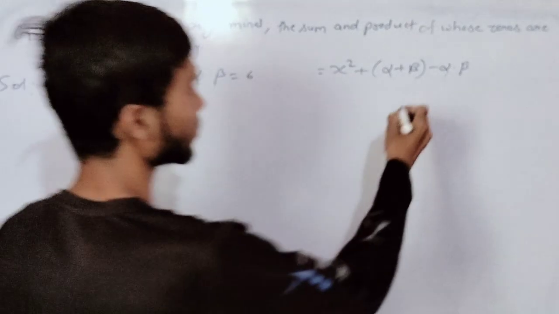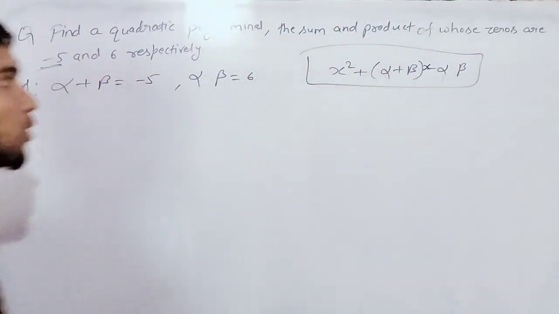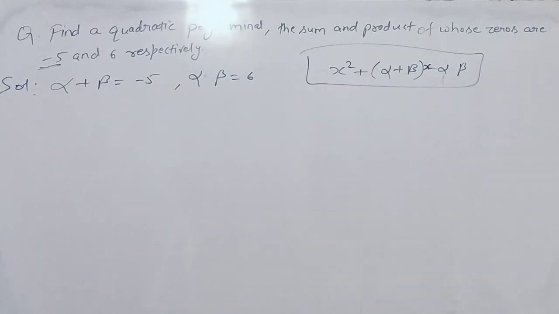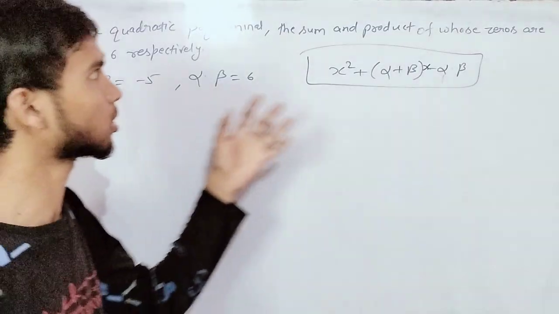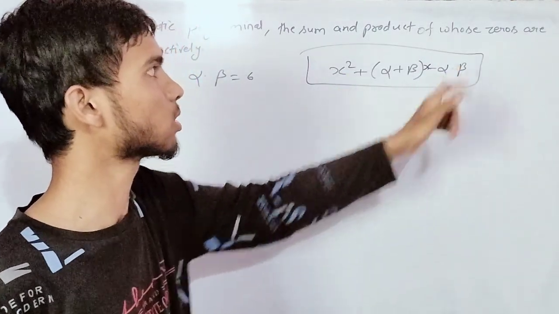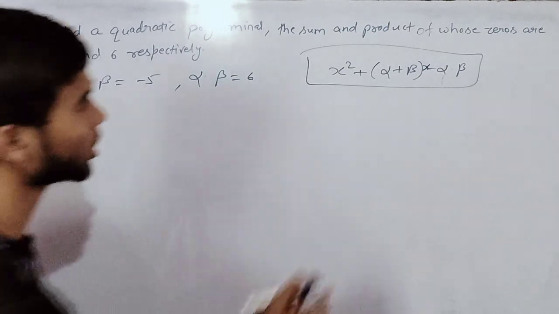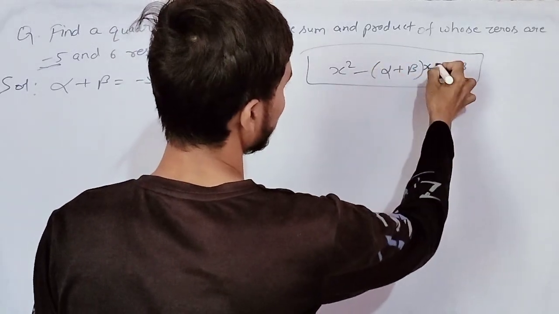And remember, here is x square. The sum of alpha and beta is the coefficient, and the product is the constant. Just put it in: this is minus and this is plus.